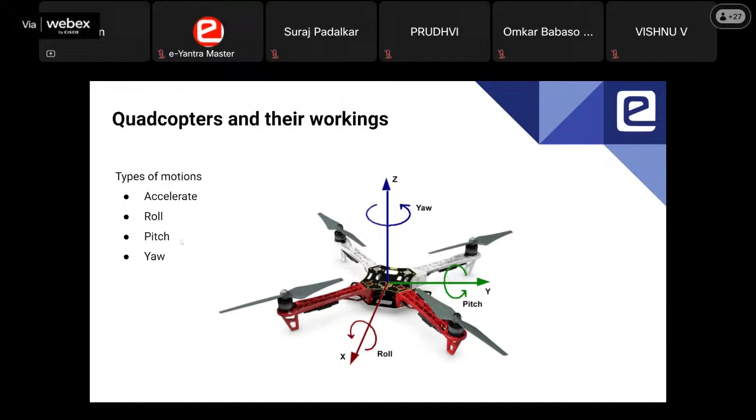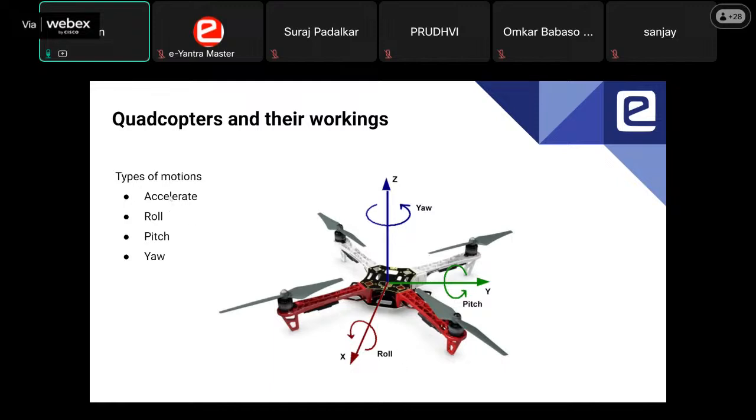Yaw, let's start from yaw. Accelerate, I guess you are familiar with now. When the drone has a linear motion in the Z axis, we call that motion acceleration or deceleration depending on whether it is the positive Z axis or the negative Z axis.